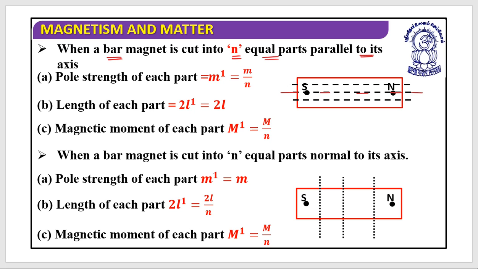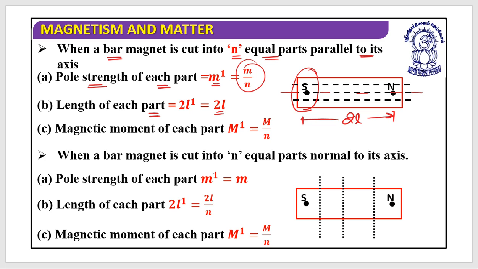So if you look at the pole strength, it has been divided into separate parts, divided by n. So the pole strength of each part, this m dash, could be written as m by n. And the length of each part, let's suppose this is the length l, will remain the same, so 2l dash would be equal to 2l.